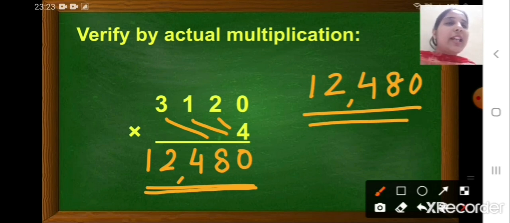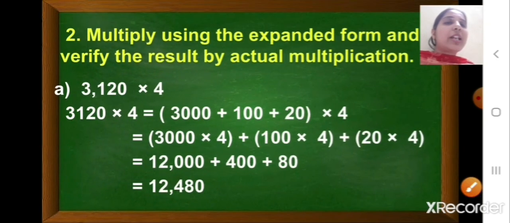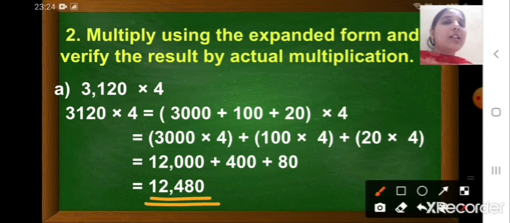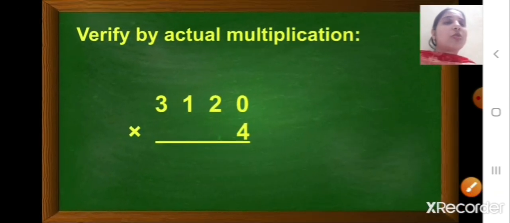After actual multiplication we got 12,480, and when we multiplied using expanded form, then too we got the same answer, 12,480. Got it, children? Now let's move to the next question.